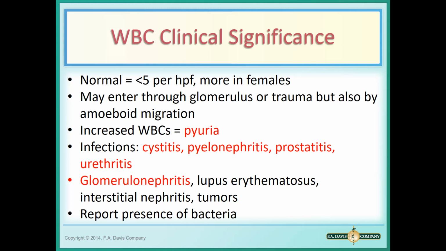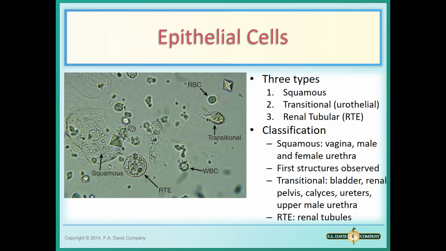You can read through here, all sorts of things can cause you to have pyuria due to some kind of infection or renal disorder. Lupus is an autoimmune disease, interstitial nephritis, tumors. Make sure that if you see white blood cells and you see bacteria, we're going to mention that, because those two together are going to give us a sense that it's an infection and not a tumor.